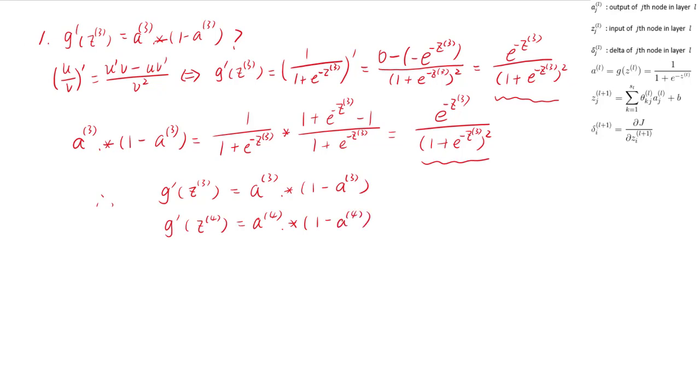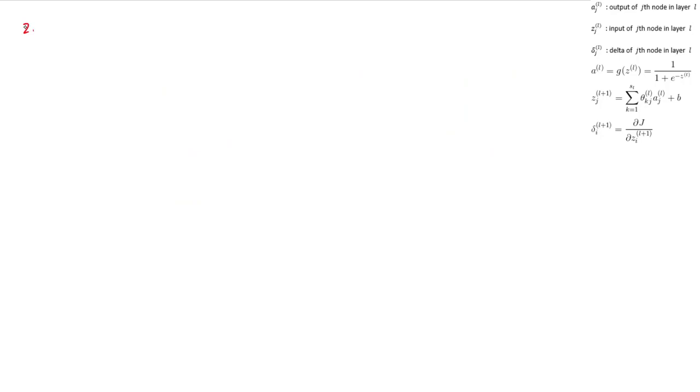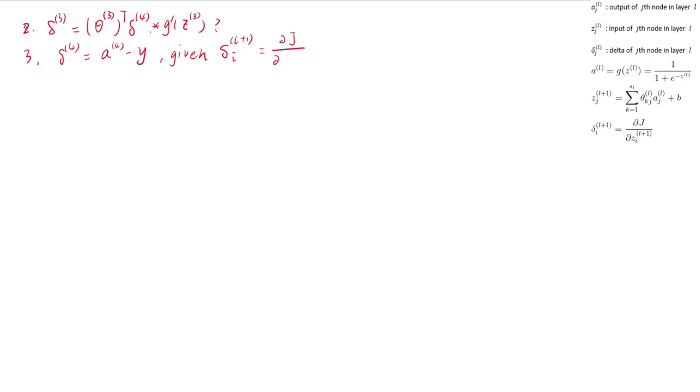Now, in order to derive the second question, which is why delta 3 can be written as theta 3 transpose multiplied by delta 4 times the derivative we had before, we would have to handle the third question first, which is why we can write delta 4 as a4 minus y, given that the definition of delta i l plus 1 is partial J over partial z i l plus 1.